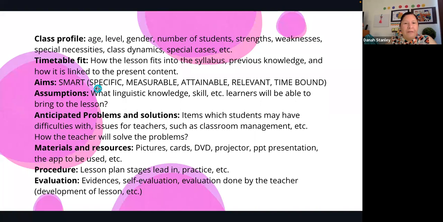S for specific: very concrete and concise. They are going to write sentences. They are going to know or have a first approach to something. They are going to use something correctly. Say exactly what the students are going to do. Measurable: it can be formal or informal.